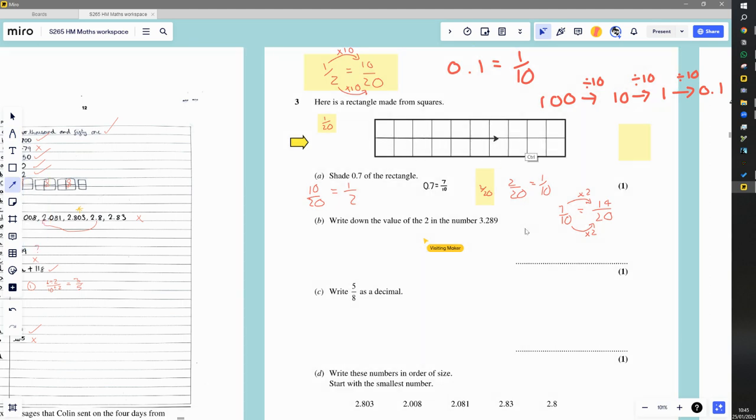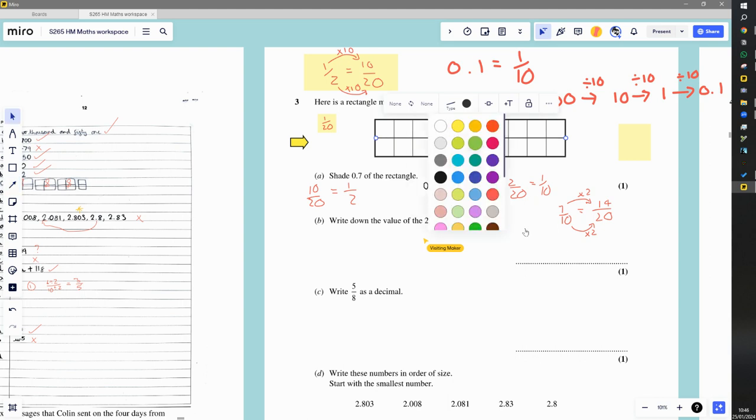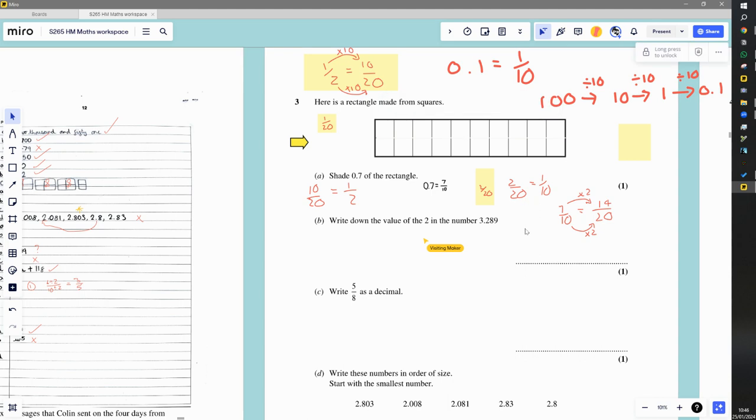So if I were to draw all the way over the top perfectly, get rid of the arrow and make that white. There we go. Now, we can see that the whole thing is divided only into 10 pieces. So this makes it a lot easier simply to shade 7 of them, because we're doing 7/10.